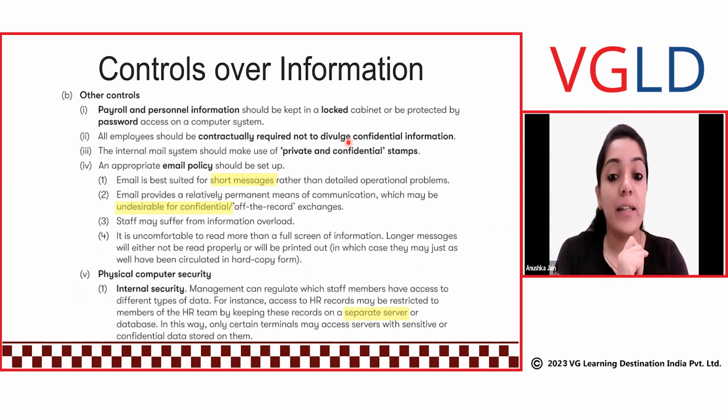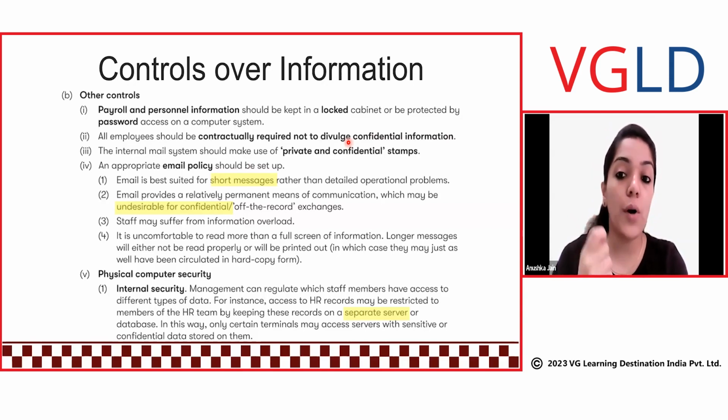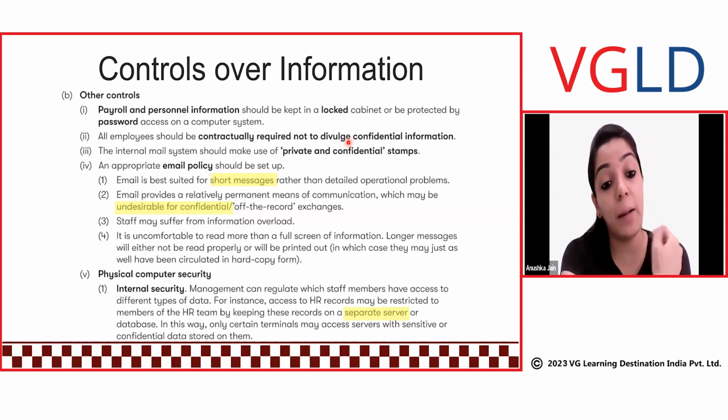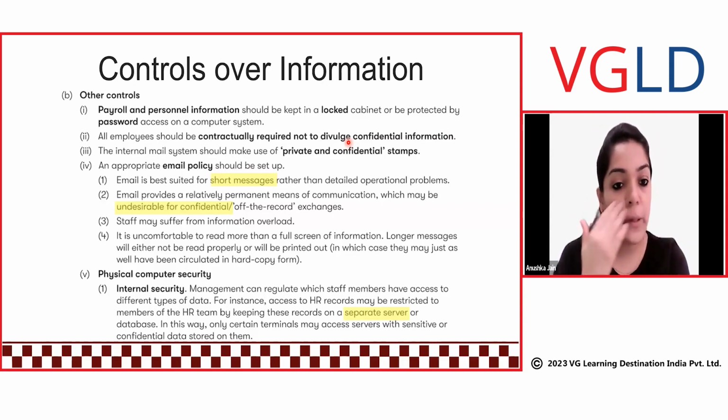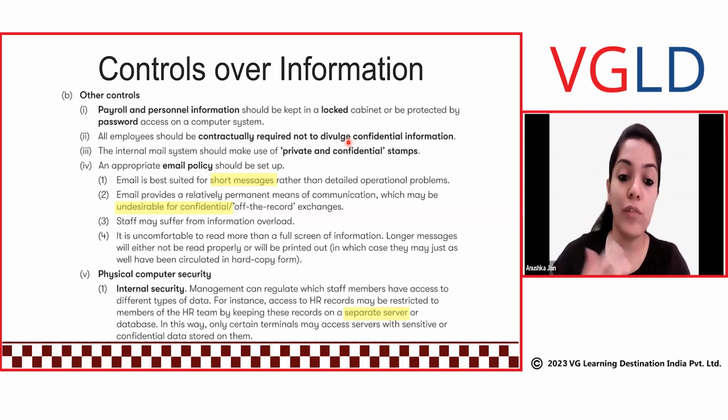They all signed a personal guarantee that we will keep the launch of this product confidential until it is made public by the company. So that is the level of control over information which is maintained by companies.